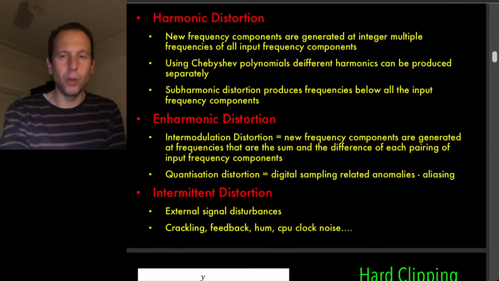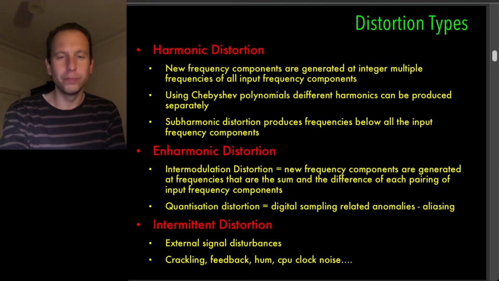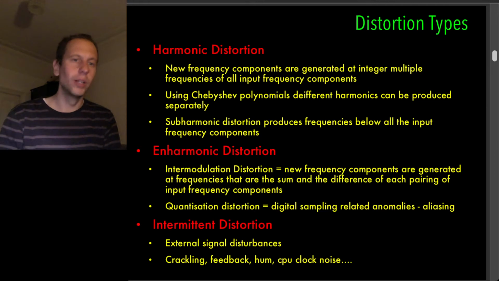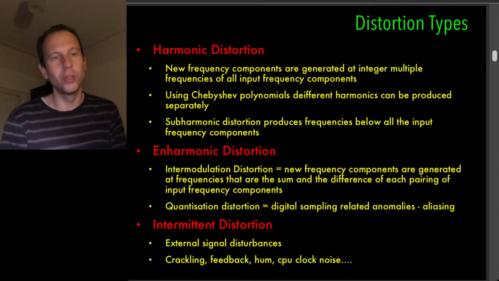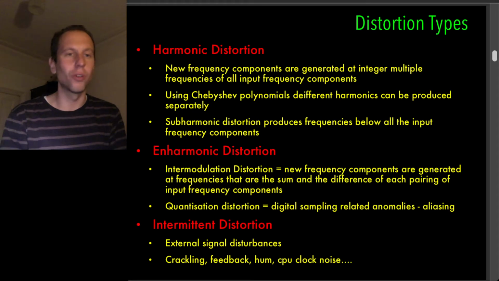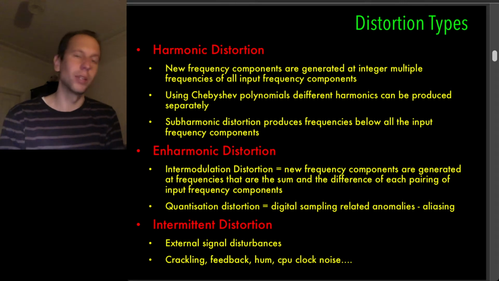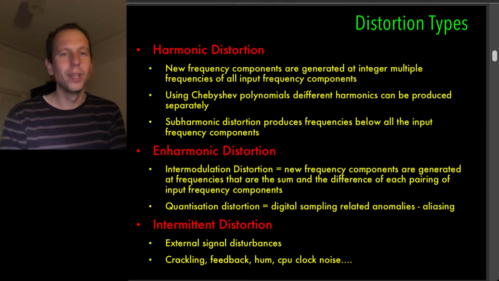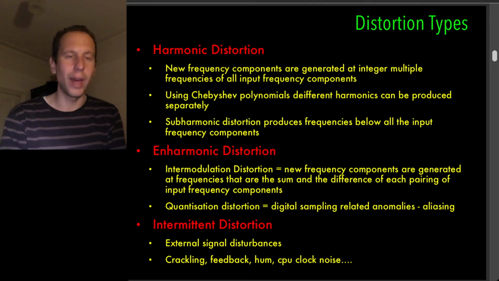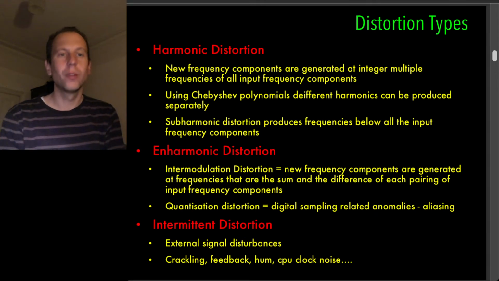Okay, now let's look at the types of distortion from a broader perspective. So not the types of effects in terms of distortion, but the types of distortion in terms of the anomalies that arise. Anomalies, meant in a positive way. First of all, harmonic distortions, right? So this is a set of anomalies, new spectral components that will have a very fixed relationship to the incoming signal.